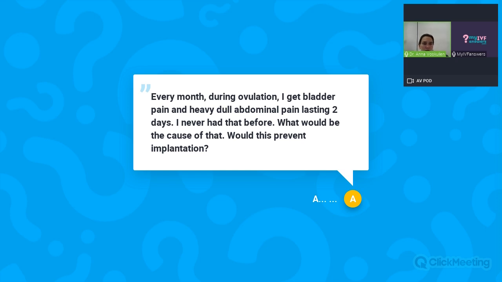Some patients tell me that after having one child, they have worse menstrual or ovulation pains, because the body is continuously moving and changing. So it can be that, but I would absolutely check it with my gynecologist to make sure that everything is correct.